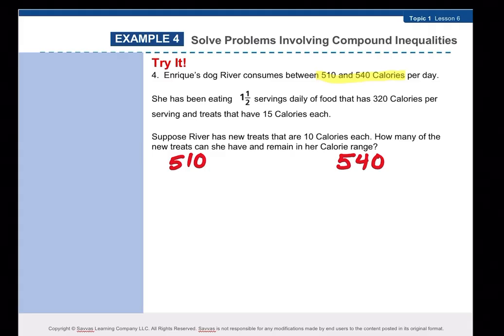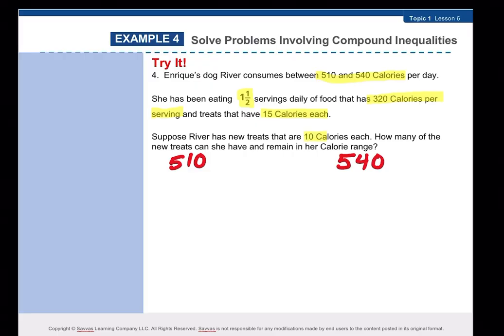I always do that. I kind of map out in my mind what it might look like. She's been eating 1.5 servings daily of food that is 320 calories per serving and treats that have 15 calories. This is what's weird. Now they say, suppose River now has new treats.